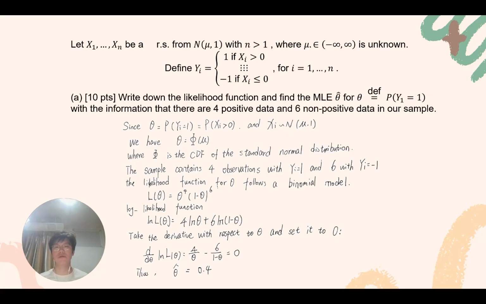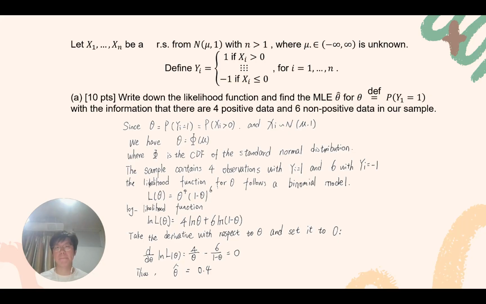Since theta equals P of yi equals 1, which equals P of xi greater than 0, and xi obeys the normal distribution with mean mu and variance 1, we have theta equals the function phi of mu. We know the sample contains 4 positive data and 6 non-positive data, so the likelihood function for theta follows a binomial model: L of theta equals theta to the power of 4 times 1 minus theta to the power of 6.